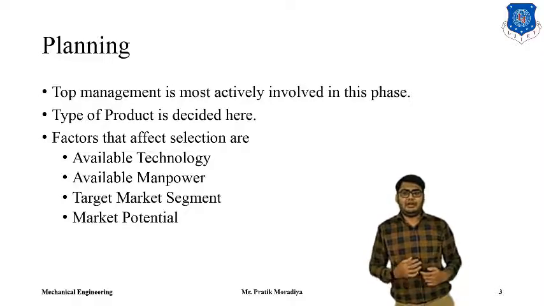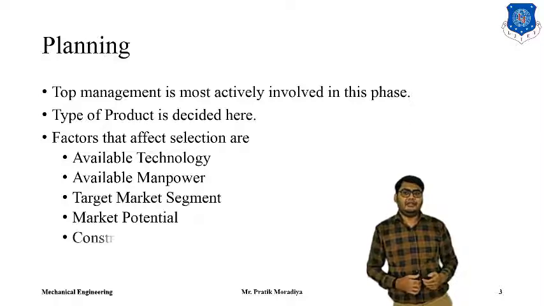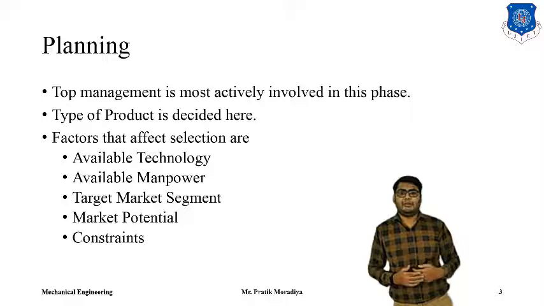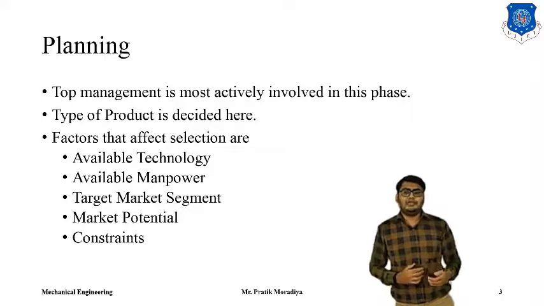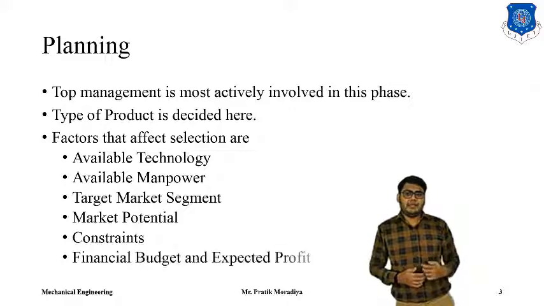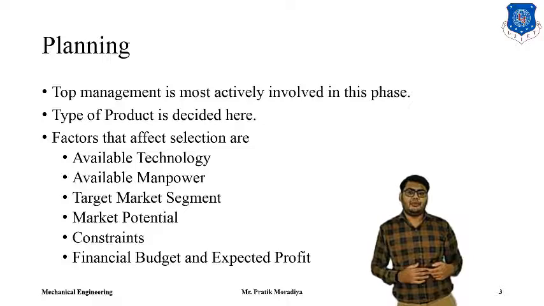That will be decided in the planning itself. And constraints, what constraints are there in your markets or in your products, that also will be decided in the planning. And the financial budget, that will be decided by the top management.